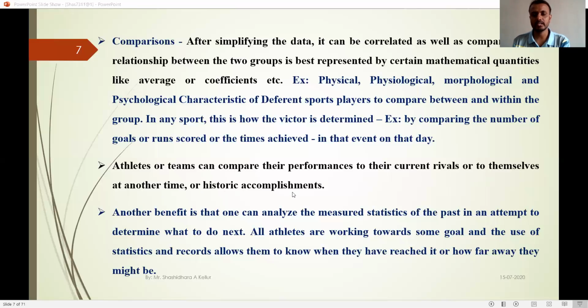Another benefit is that one can analyze the measured statistics of the past in an attempt to determine what to do next. All athletes are working towards some goal, and the use of statistics and records allows them to know when they have reached it or how far away they might be.